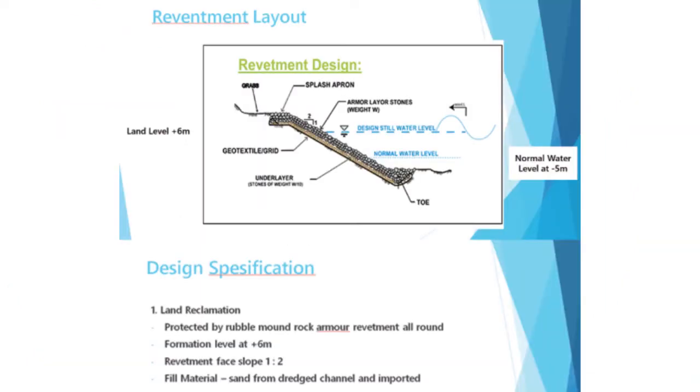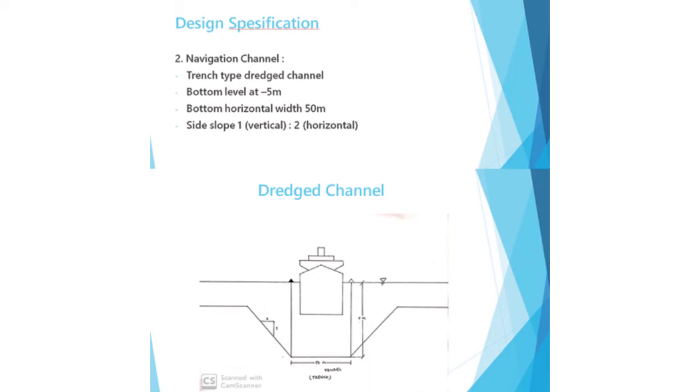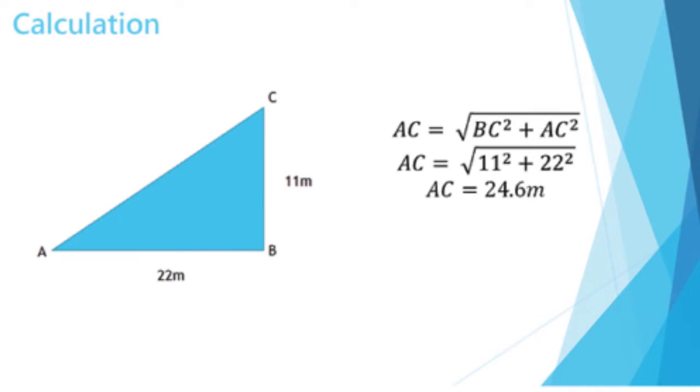Next, we need to decide the design for the navigation system, which means we need to know the type of the dredging system, the bottom level, the horizontal width and the side slope. Lastly, from that, we calculate the distance of the slope for the navigation system. So that's all from me.